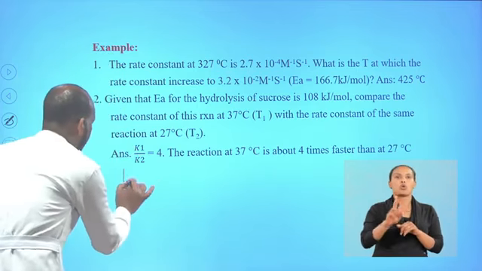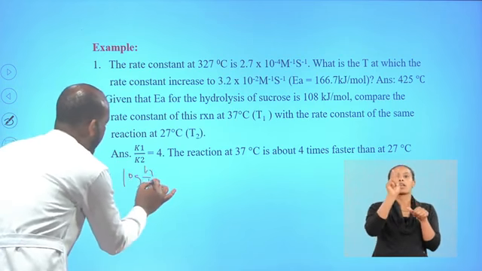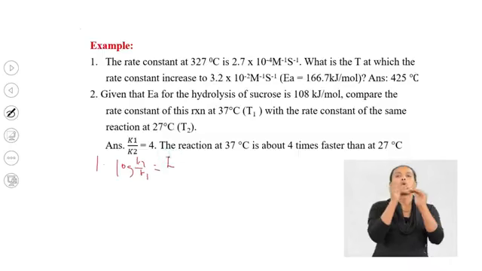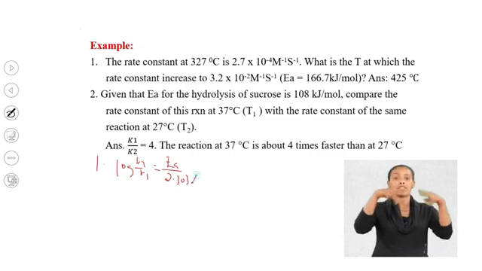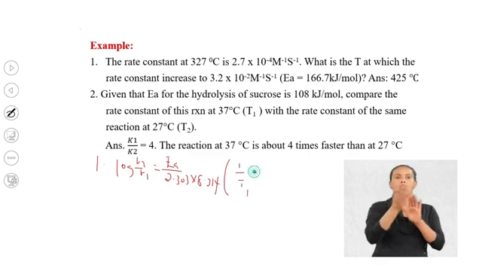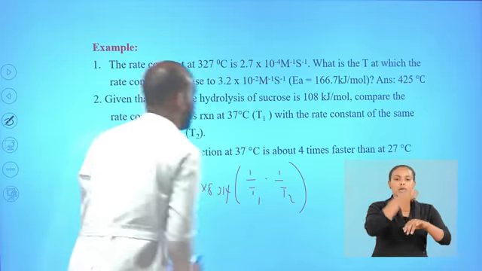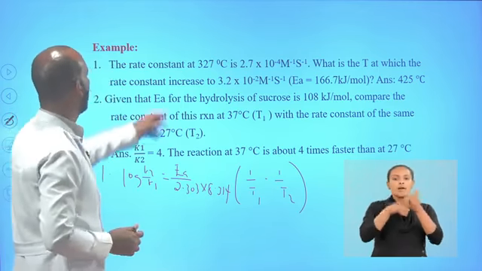Therefore, log K2 divided by K1 equals activation energy Ea divided by 2.303 R, R is the universal gas constant having value 8.314 joule per Kelvin, into 1 over T1 minus 1 over T2.